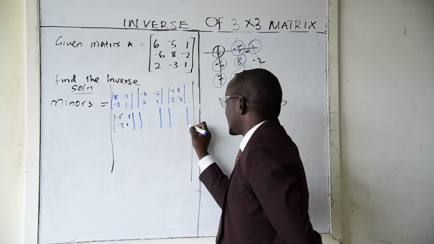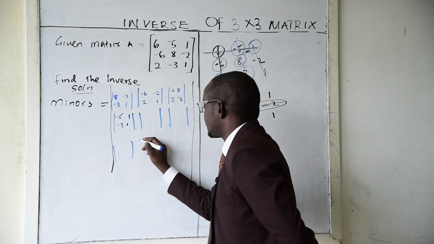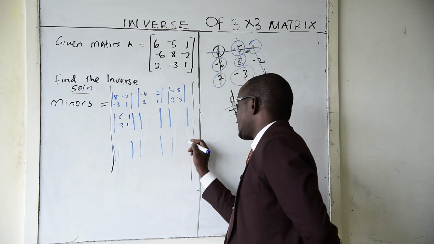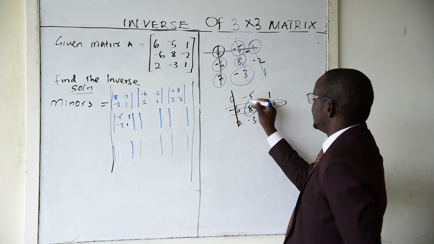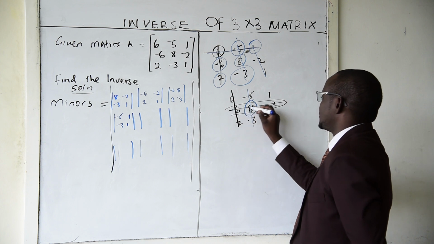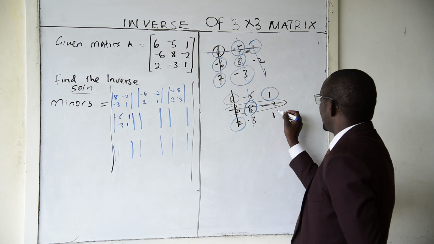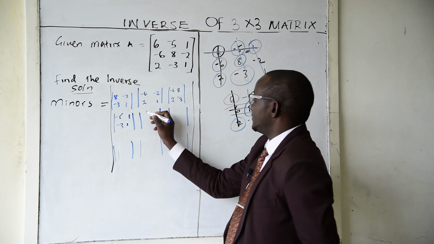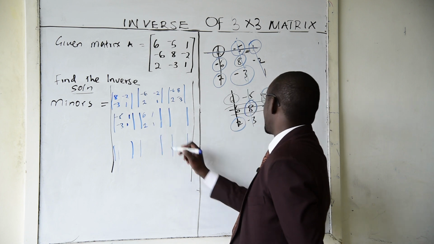I still need to get my second element. So I am interested in this one, my second element. I cancel this column and this row, so I remain with 6, 1, 2, and 1.